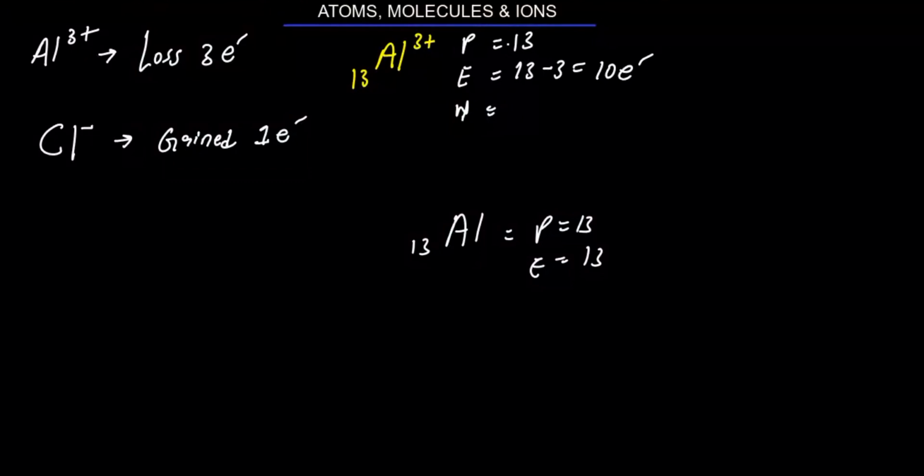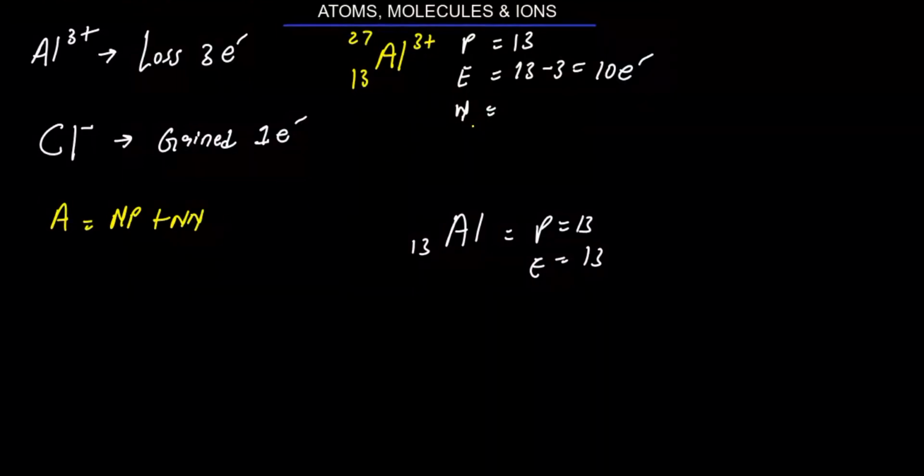This is for 13 protons. And how do we get the number of neutrons? If they want you to get the neutrons, they'll give you the mass number, and I'll give you that to be 27. Remember I told us that the mass number A is equal to the number of protons plus the number of neutrons.